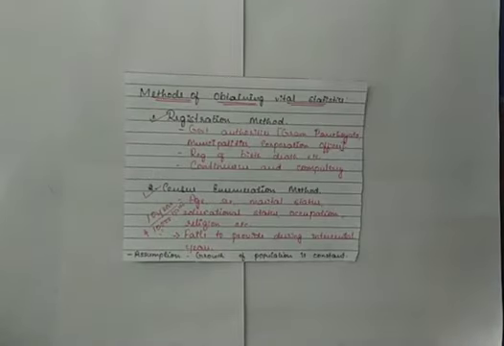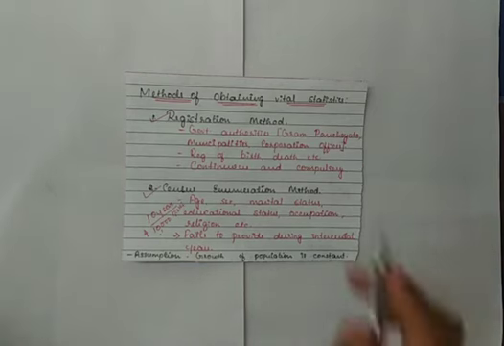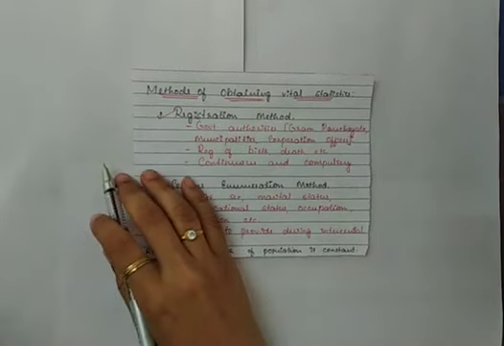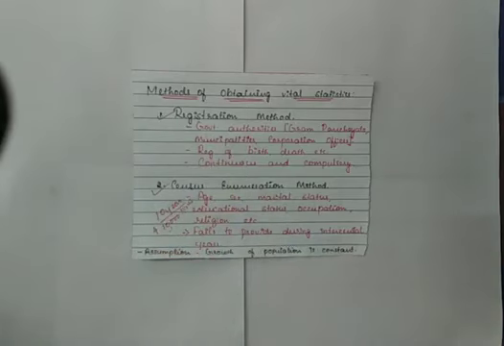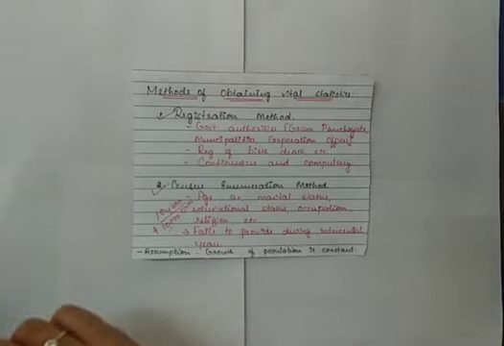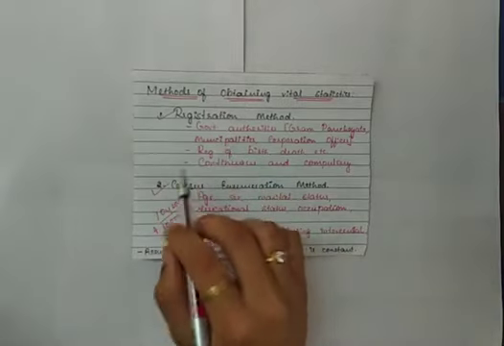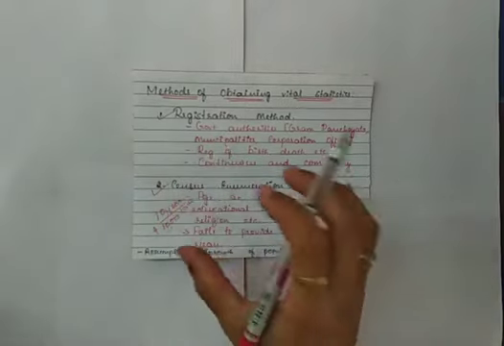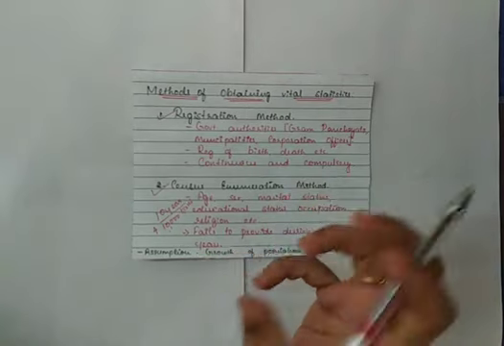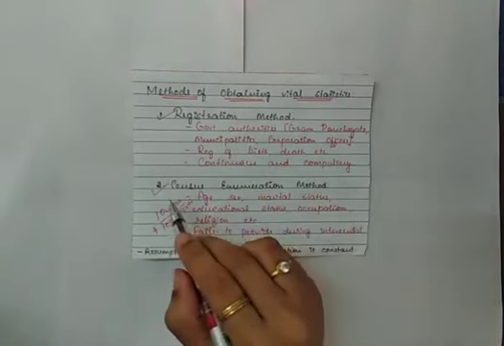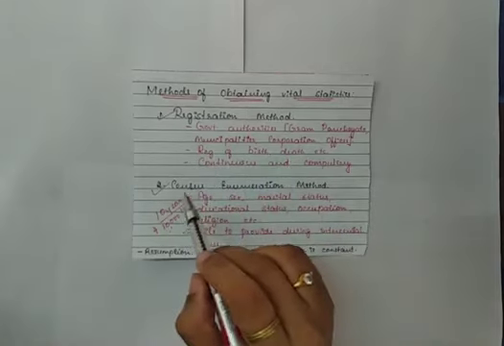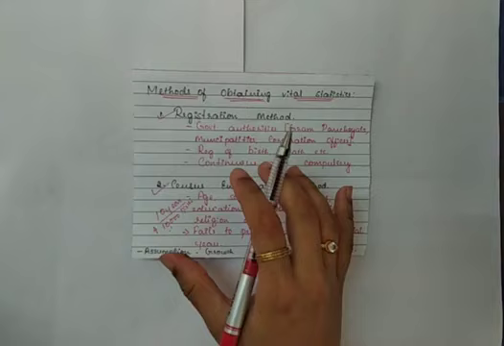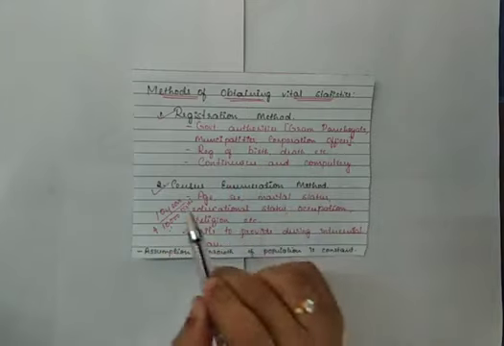Now let us see the different methods of obtaining vital statistics. Here you can see two methods, registration method and census enumeration method. Under registration method, there is already record data maintained by government authorities like Gram Panchayats, municipalities, corporation offices. They maintain the registration of births, deaths, everything.